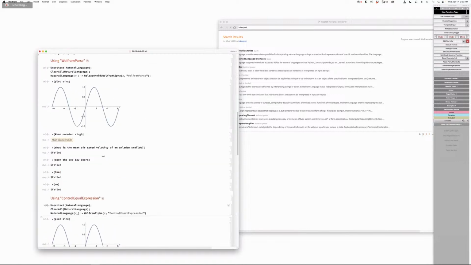You need to go to the section called control equal parse and evaluate the first cell in there, and then this will be live. Now if you evaluate that, it will do what you expect it to.